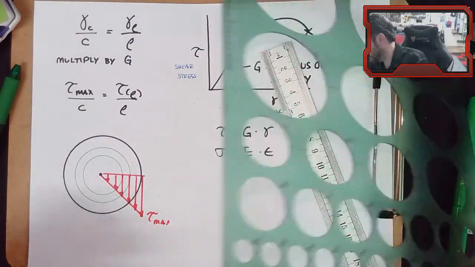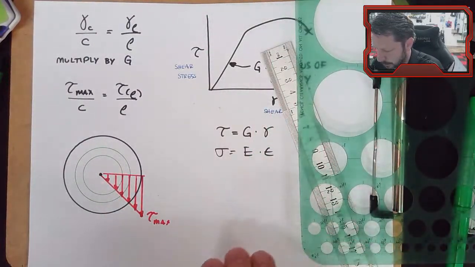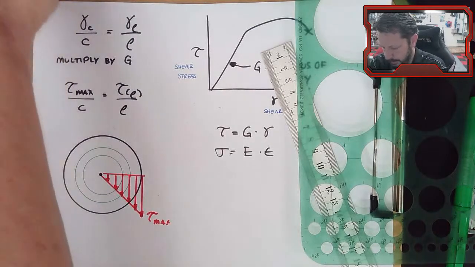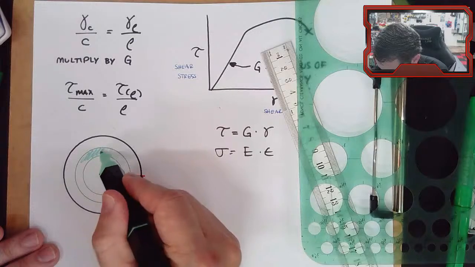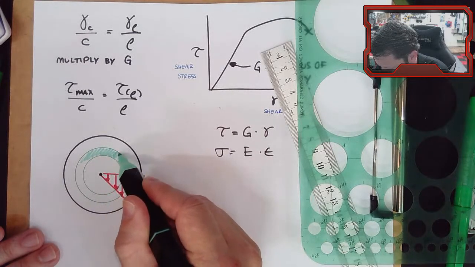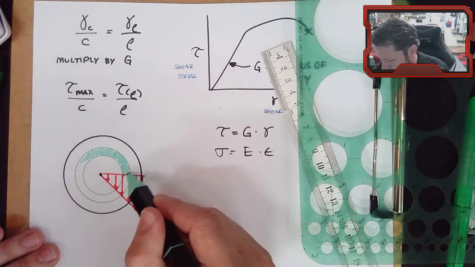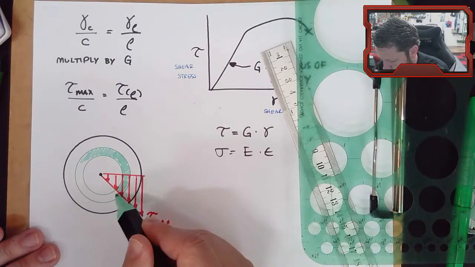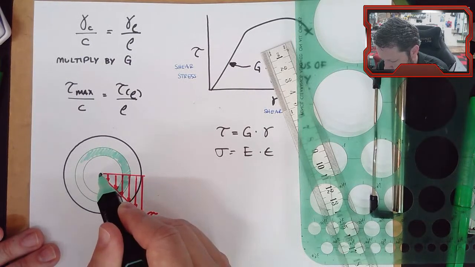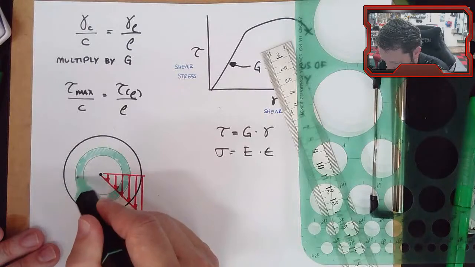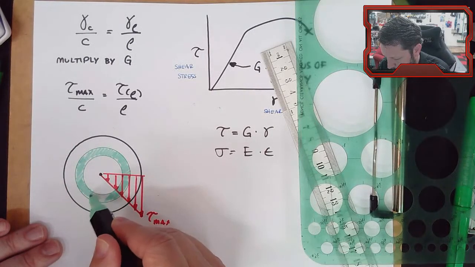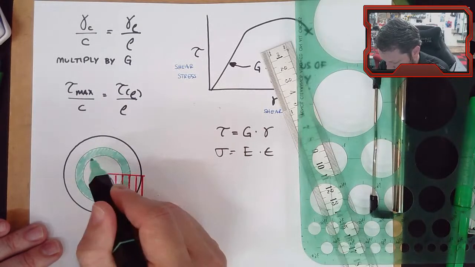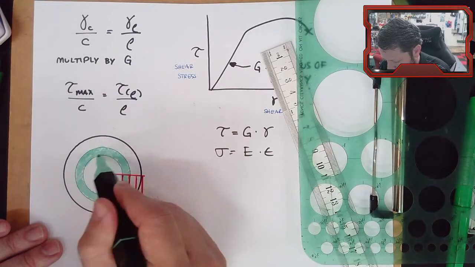I thought I had one, but I seem to have lost it. Oh, here we go. All right, so this little area, I would start with a really tiny one in the center, basically a dot, and then make that ring grow and grow and grow across the entire surface of this circle to integrate across it.